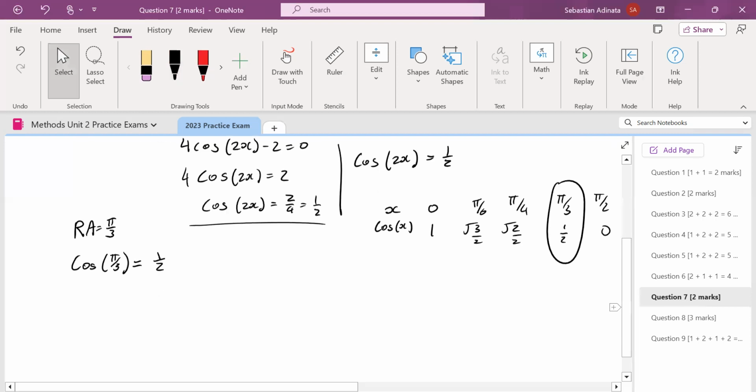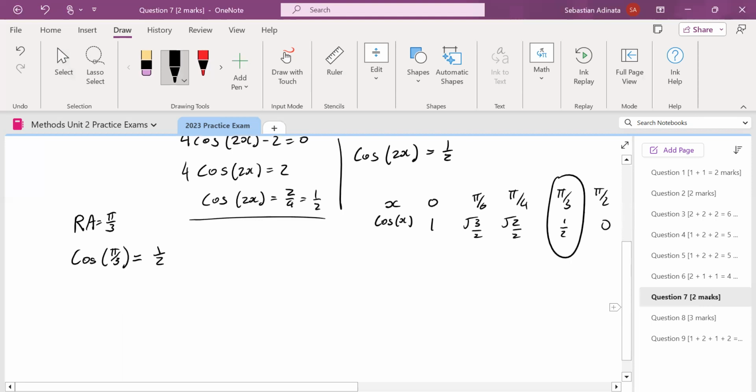Now, using our symmetry, in the first and fourth quadrant, this is when it is positive. So cos 5 pi on 3 is equal to 1/2 as well. Now, this is a side note.